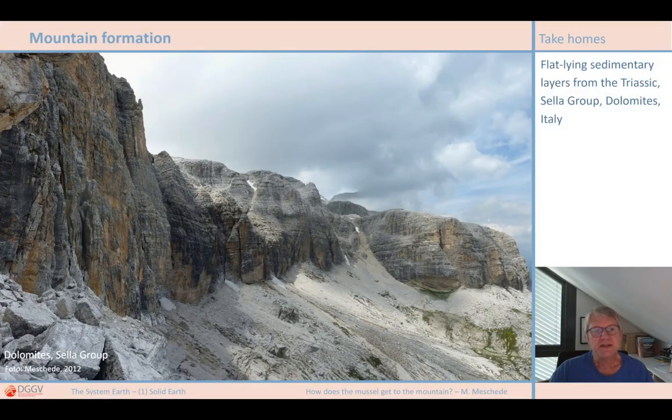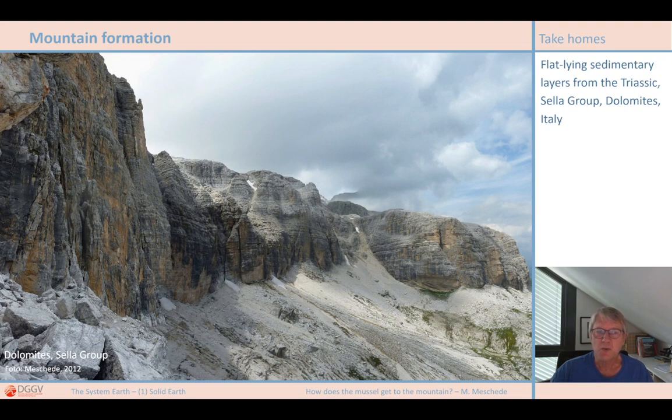Many of us have probably been hiking or mountaineering in the Alps or other high mountain ranges. Here, for example, is a picture from the Dolomites in Italy, where I was hiking in the Sella Pass area a few years ago. The Sella Group is a plateau-like mountain range that averages over 2,500 meters in altitude.